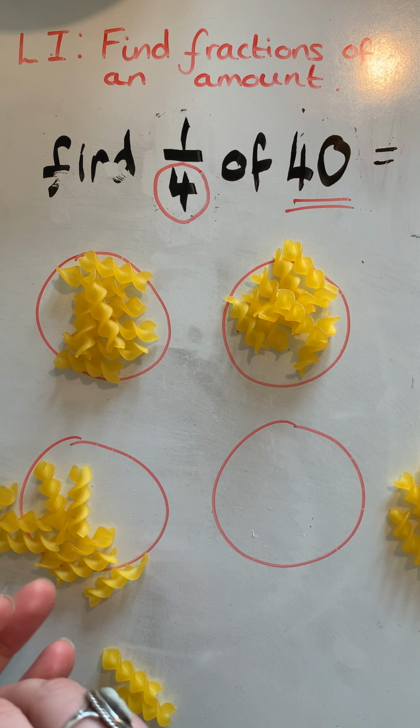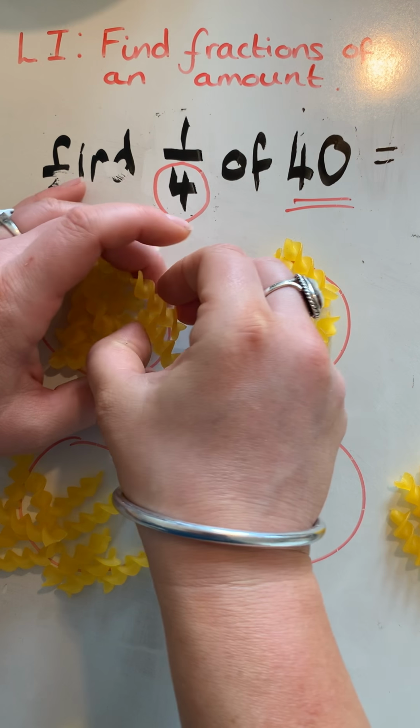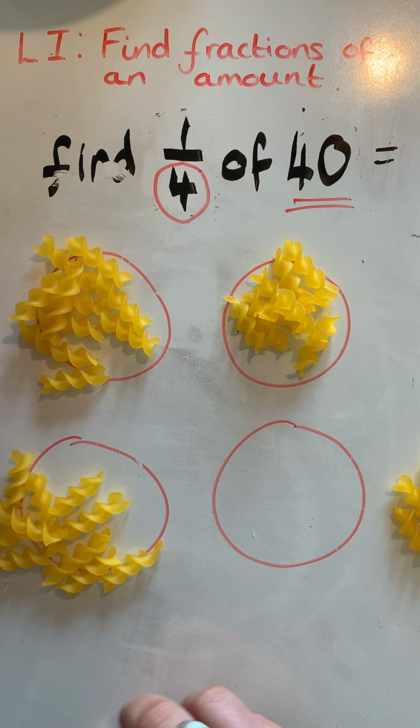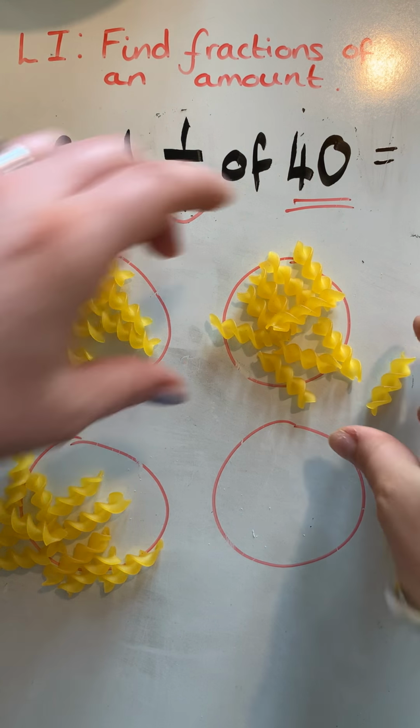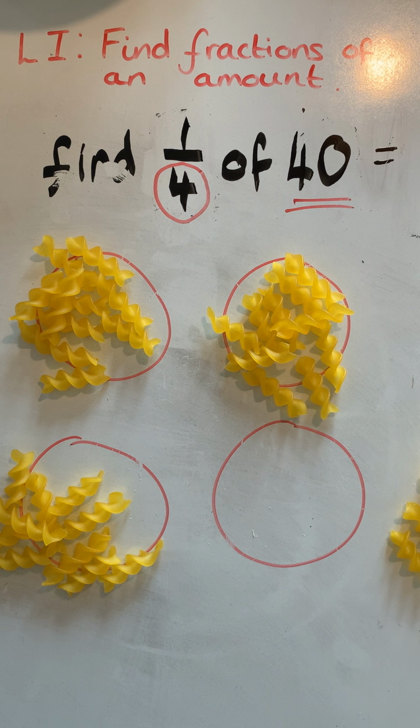Must have put too many in that one. 2, 2. That one already got 2, and 2 over here. Okay, that would work a lot better if it was a nice flat surface.